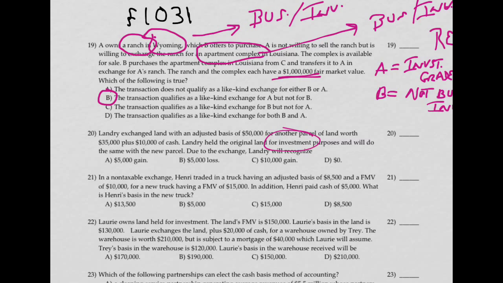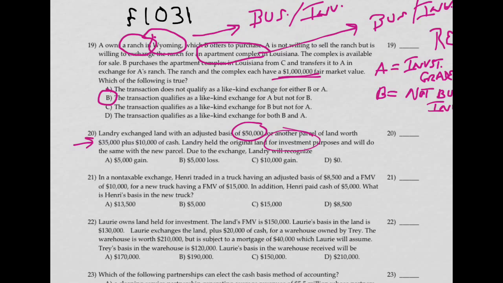Now, the value of the property that he's getting is $35,000 plus 10 in cash. Well, that makes $45,000. So if his adjusted basis is 50, and he's exchanging it for a property worth $35,000 plus giving $10,000, then maybe his property is really only worth $45,000.